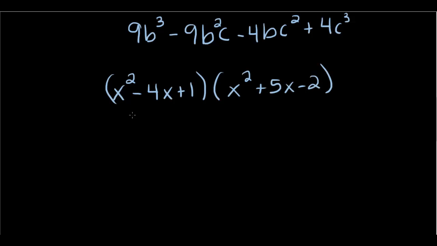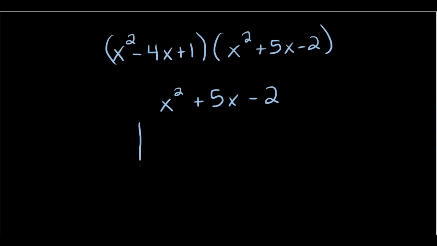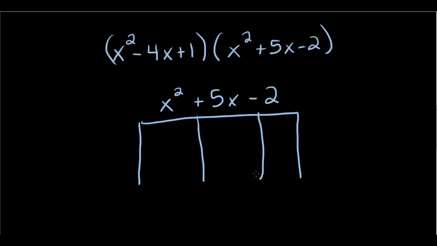So I'm going to create the box. I'm going to write x squared plus 5x minus 2, and then on this side x squared minus 4x plus 1.